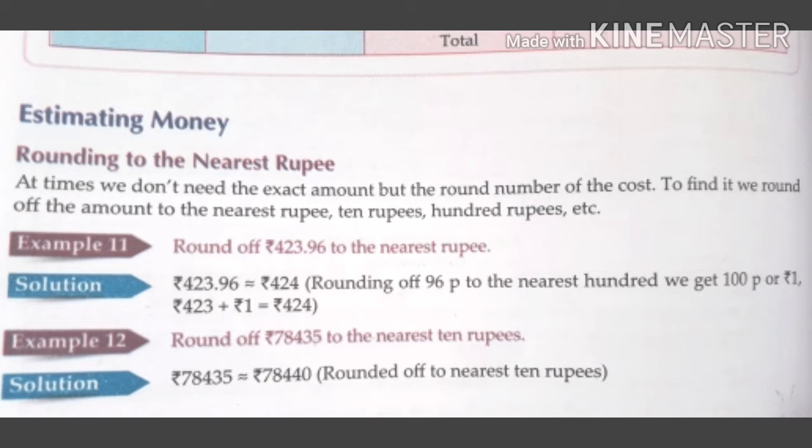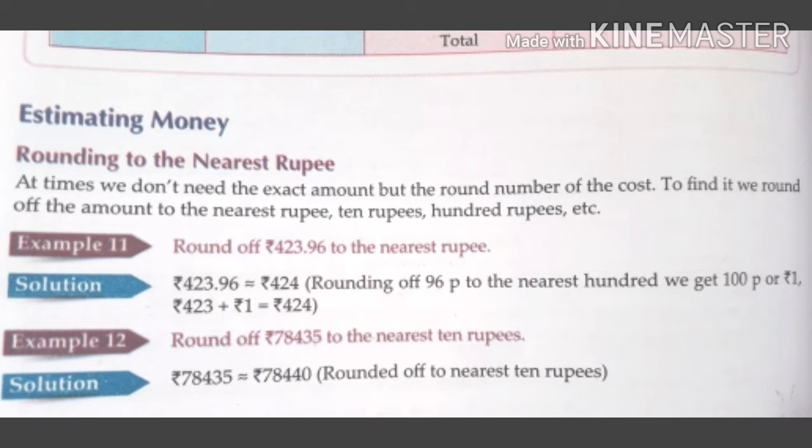It is the nearest 10 value. For 35 we have to add 10 to the 30, then we get 78,440. For the nearest 100, the last 2 digits you have to make 00, and according to the digit you have to add 100 or add 0 rupees. Like this you have to find the difference.